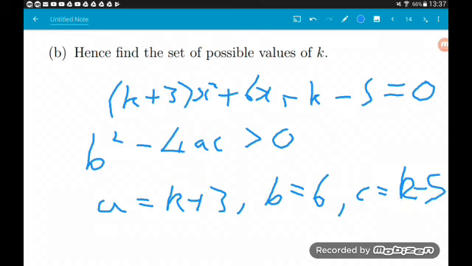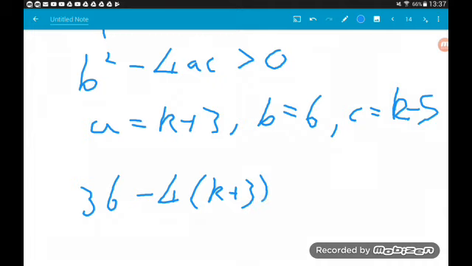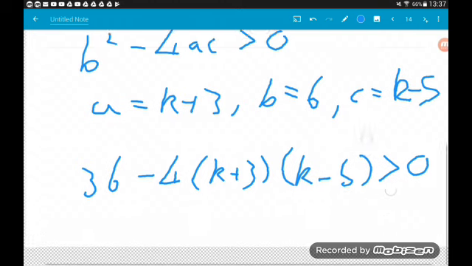So, if we plonk our stuff into the discriminant, we got b squared, which is 6 squared, so 36, minus 4 lots of a, which is k plus 3, times c, which is k minus 5, now we know that that is greater than 0, like that.